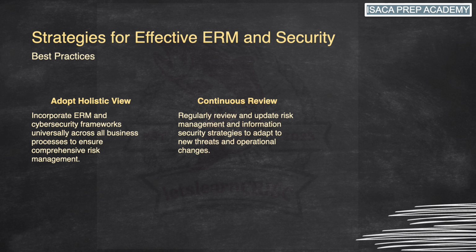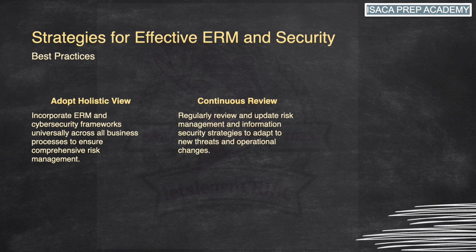Friends, continuous review also involves monitoring the effectiveness of implemented controls and security measures, evaluating incidents and near misses, and gathering feedback from stakeholders. And this information enables organizations to make informed decisions about refining their risk management and security strategies to better protect their assets and achieve their business goals.